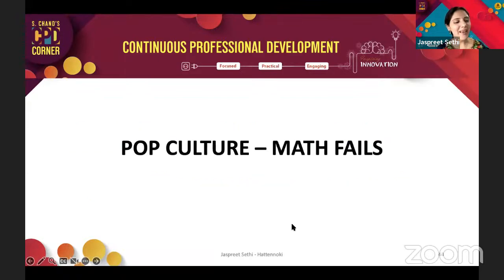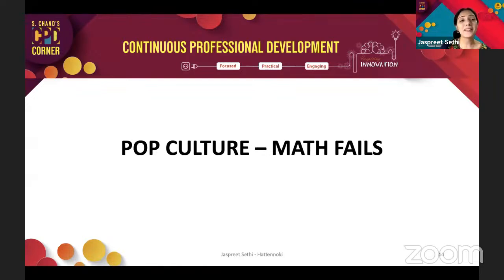So as I talk about my elder kids, as we're getting into our high schoolers who may not be convinced, as kids get older, as we get older, we always want that challenge. So I segue my way into these kinds of examples in my classes, where I bring in pop culture and I talk about some math fails.